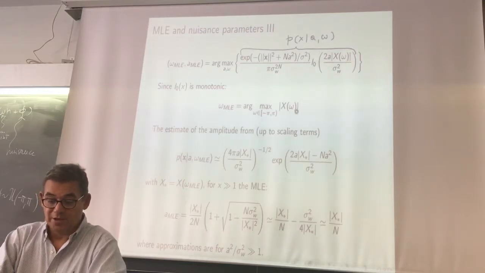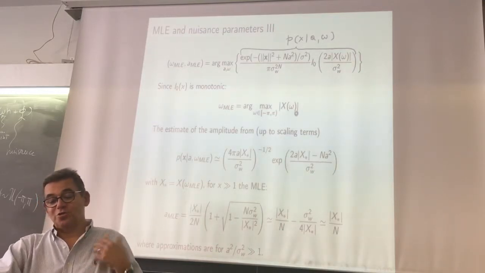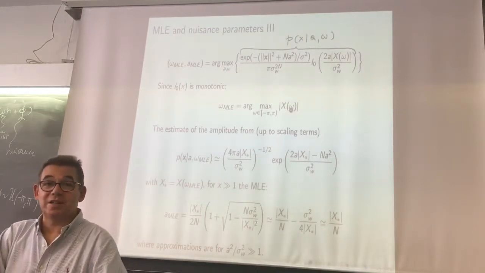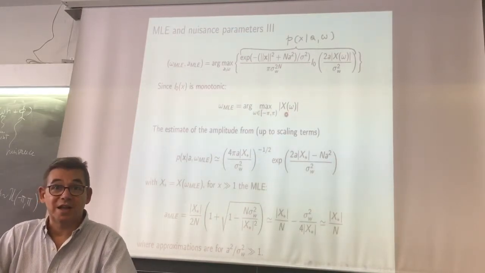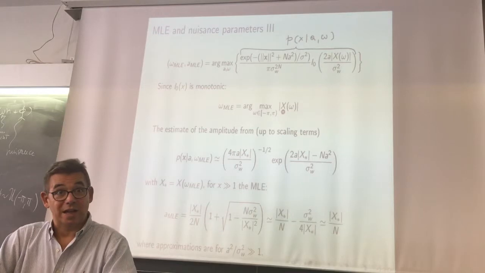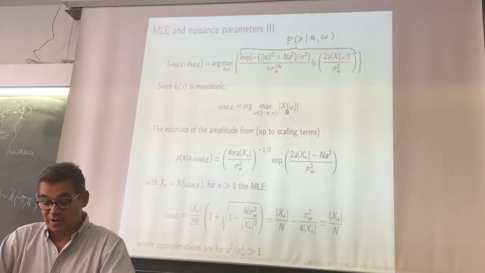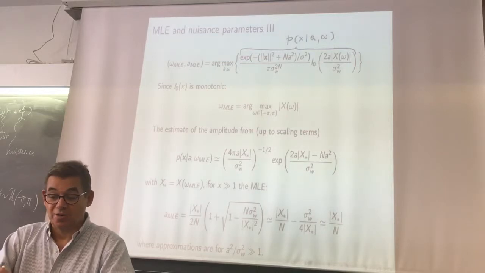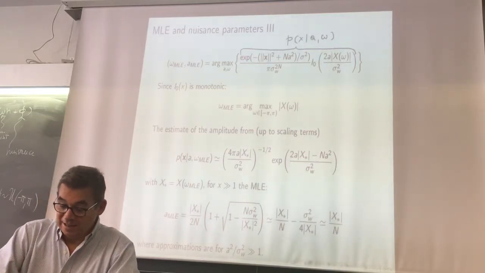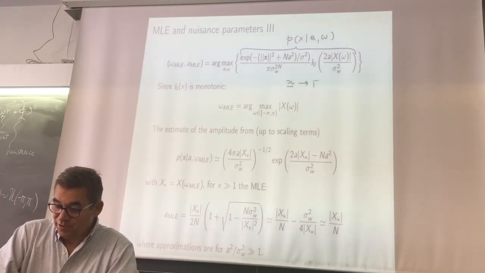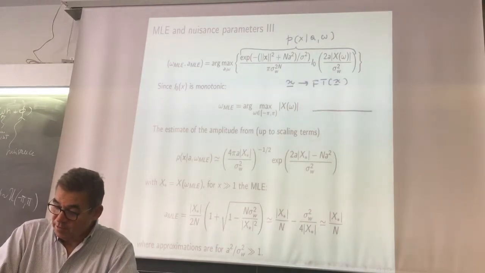So we got the specific solution: if you want to estimate the frequency of the sinusoid, it is just finding the argument that is maximizing the Fourier transform of the data. Which means I get the data, I make the Fourier transform of x, and this is omega.